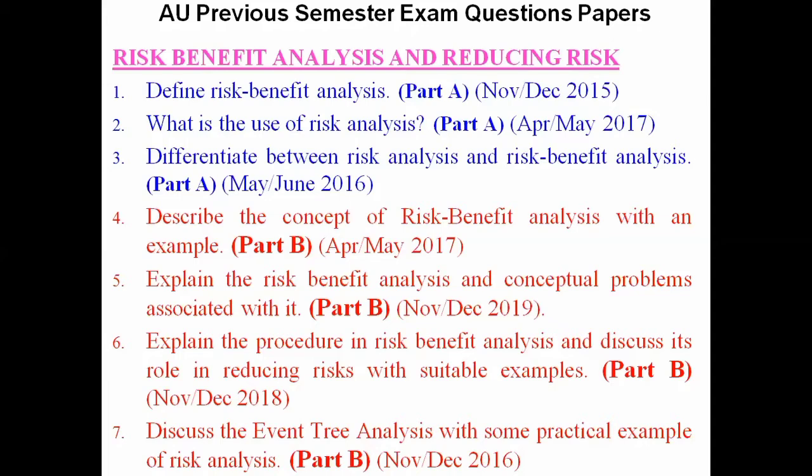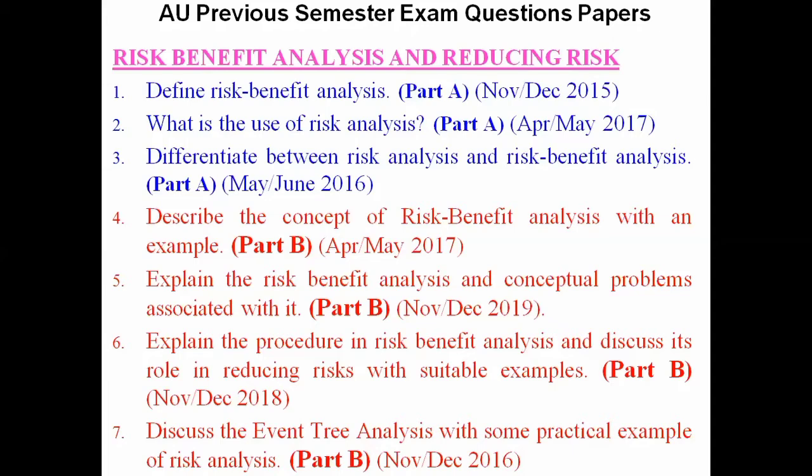Part B questions are: Question number 4, describe the concept of risk benefit analysis with an example. Question number 5, explain the risk benefit analysis and conceptual problems associated with it. Question number 6, explain the procedure in risk benefit analysis and discuss its role in reducing risk with suitable examples.